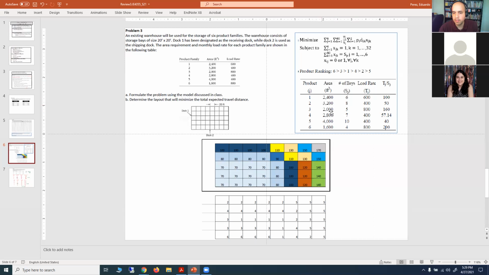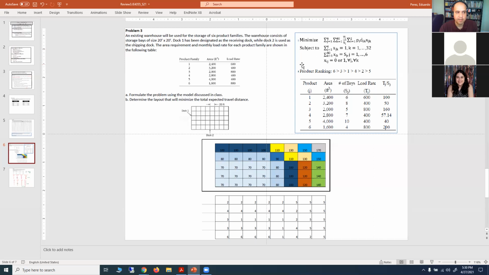Basically, using this algorithm, this product ranking and the sorting, you can find the optimal solution for the problem without having to solve it in AMPL or Excel or CPLEX. So if you solve the optimization problem with this data, you should be able to get the same solution that we are getting from the heuristic. I just wanted to mention that. So that's why we are showing the formulation here.